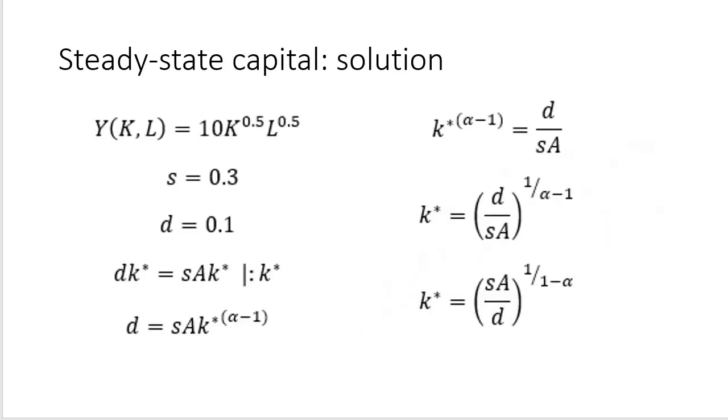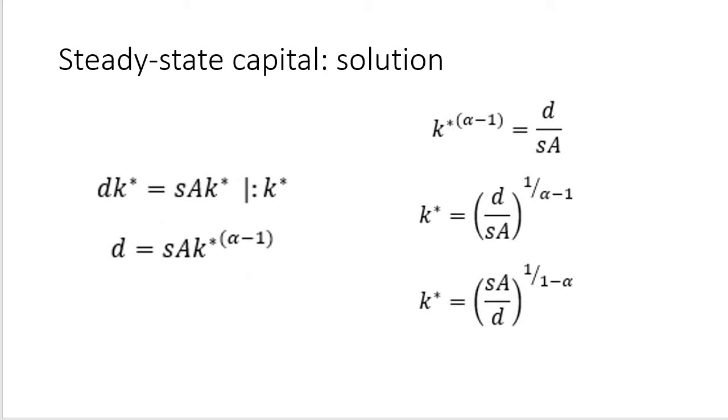So speaking formally, here you can see the algebraic solution to this problem. As I mentioned before, the equilibrium condition is to have the amount of capital depreciated equal to the amount of capital accumulated.